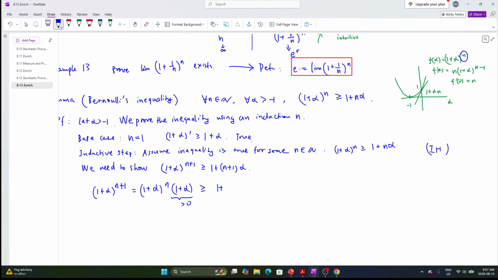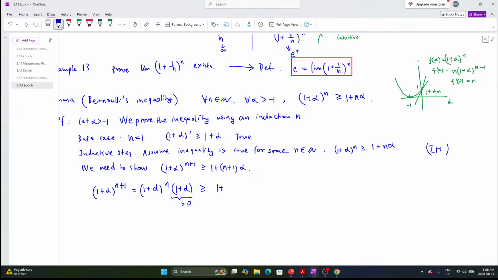When n is even, then this is a globally convex function. If n is odd, then you have this shape going on. It's like a cubic function: if n is odd, the function can go this way when alpha is less than minus 1, in which case it will eventually fall under the support line.